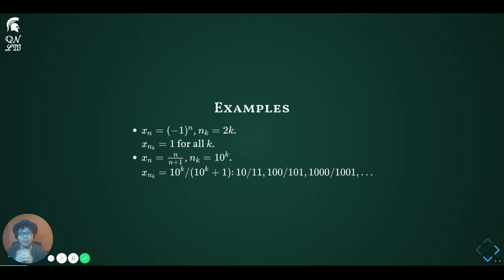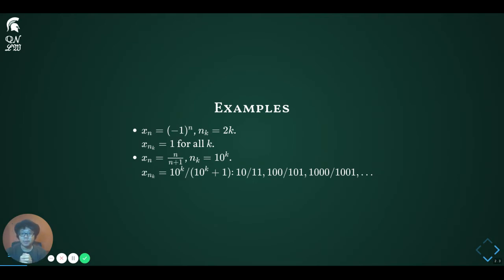This is because we can just plug in the value 2k for n_k into the formula for x_n. This gives us that (-1)^{n_k} is nothing more than (-1)^{2k}, which is -1 raised to an even power, which gives us 1.